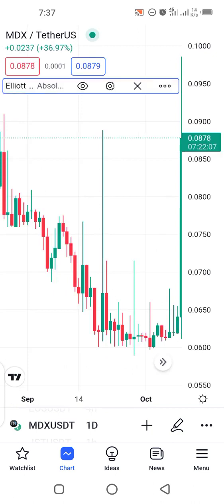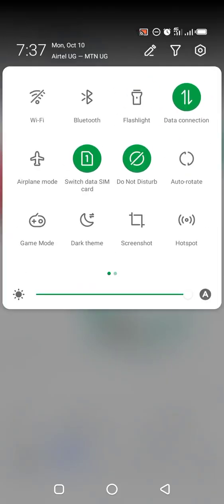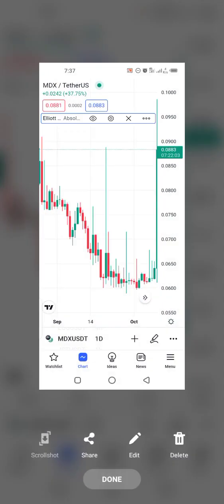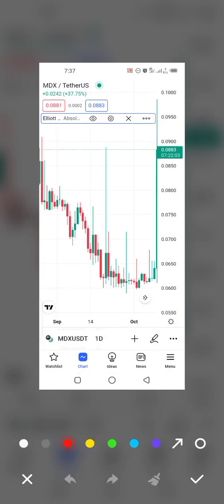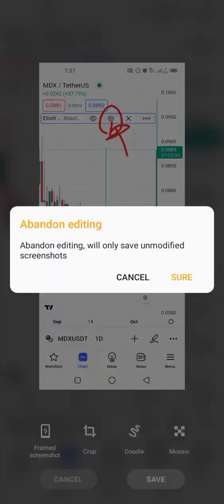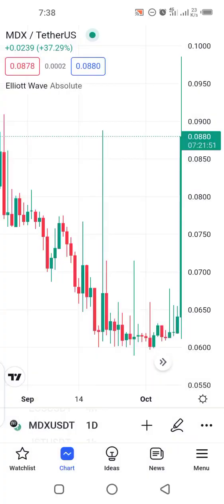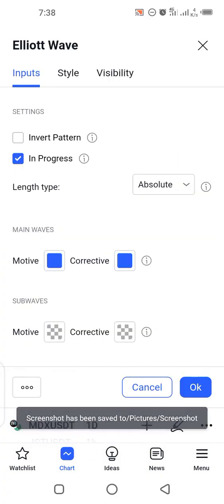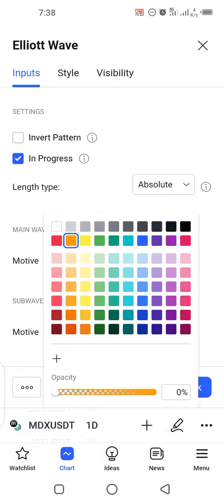The first step is to come on the indicator and tap on the settings, then cancel. When we tap on the indicator settings, this is how the indicator will look.